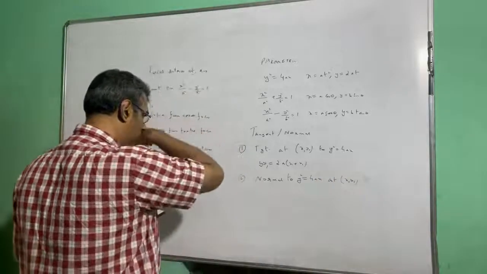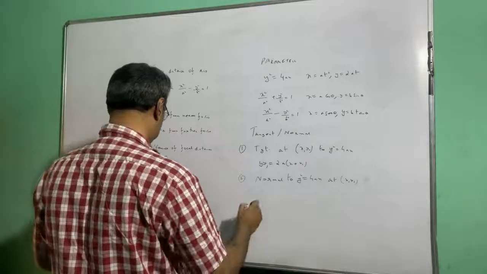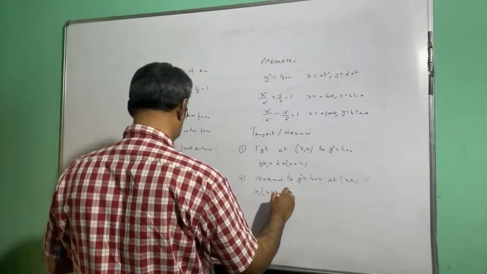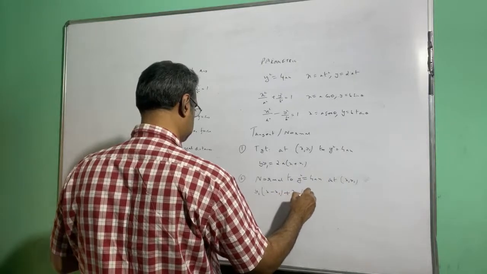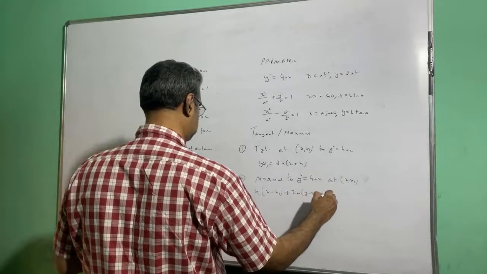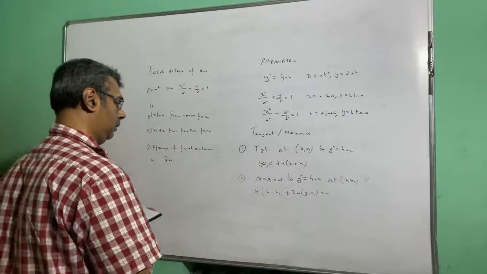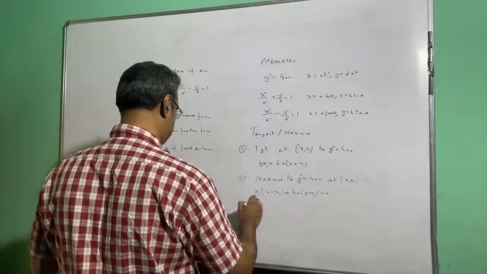Normal to y square equal to 4ax at x1, y1: y1 into x minus x1 plus 2a into y minus y1 is 0.